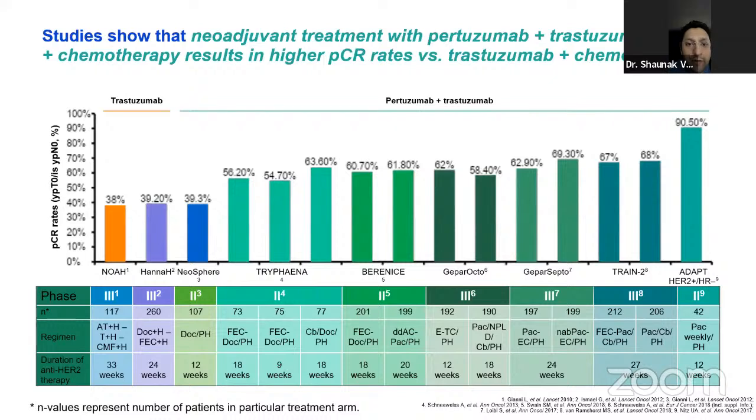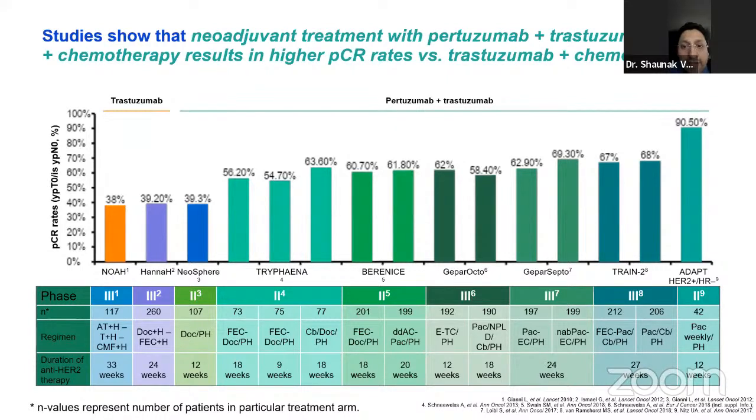So when we started off with chemotherapy for HER2 positive, it was a very dismal outcome where we only had chemotherapy. After the advent of trastuzumab, we started achieving a pathologic complete response of around 35 to 40%. With the addition of pertuzumab to trastuzumab, we are achieving pathologic complete responses in more than half of the patients.